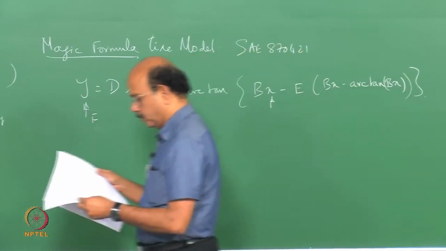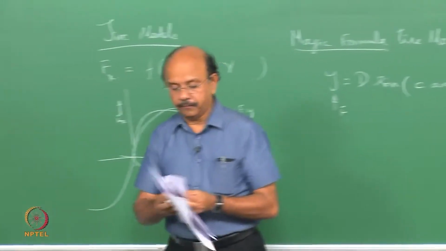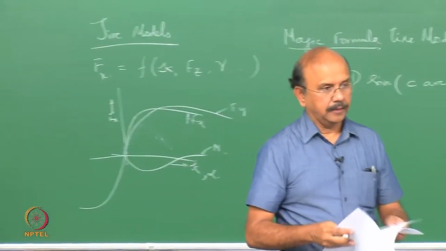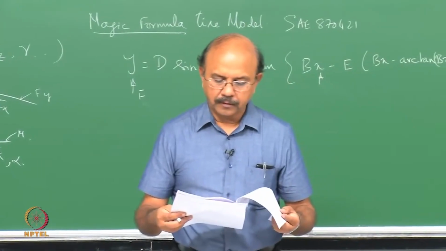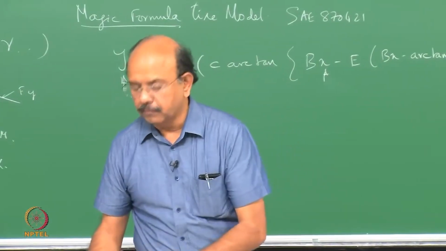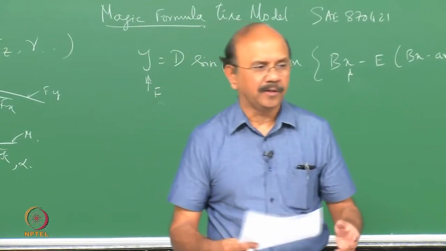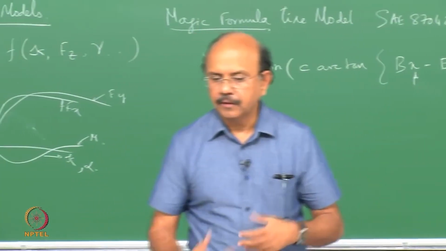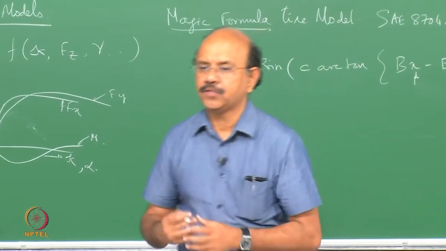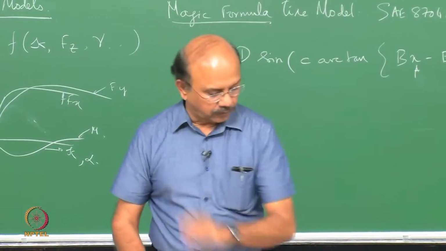This is the paper which I'm going to follow for this work. Of course, a number of papers have come about after that, but this is a very fundamental paper, and it gives the basis for obtaining the shape. So that's what we're going to follow.